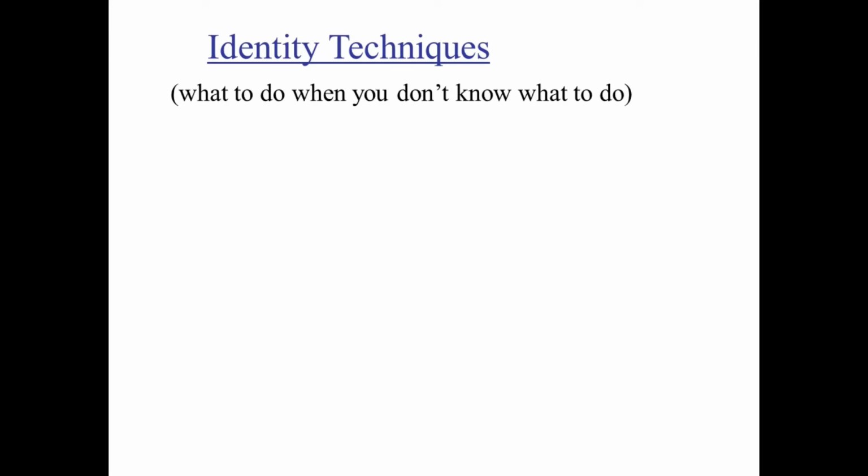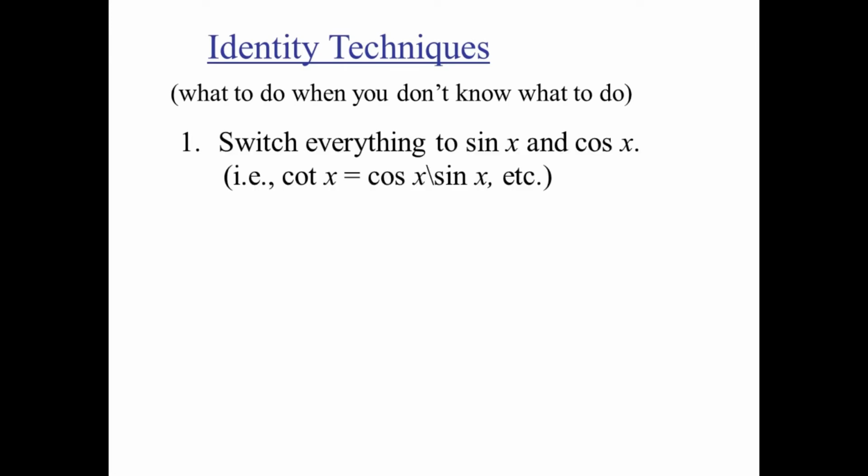Let's continue with trigonometric identities and take a look at some identity techniques. This is what to do when you don't know what to do. Here are some suggestions. Switch everything to sine and cos. Everything can be expressed as sine or cos. Cotangent, for example, is cos over sine.